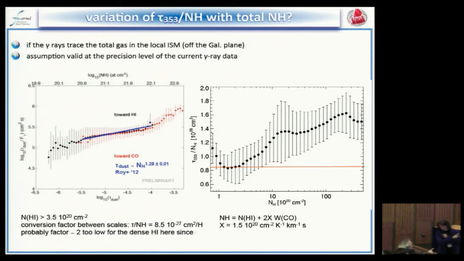But the gamma rays won't help you there, because it's much too faint for us. We can't see that rise, because it's much too faint gas for us to separate from all the other inverse Compton emission, large-scale stuff.